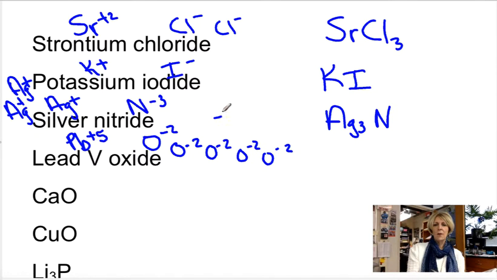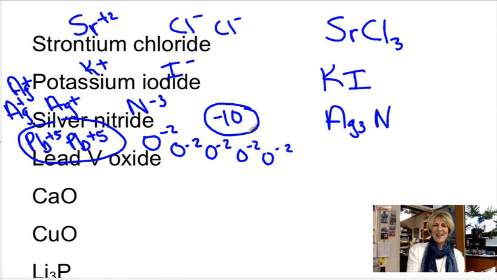That's a total of a -10 here. And I'm going to need 2 lead +5. So you see how I have a total of +10, and I have a total of a -10. So I would write Pb2O5.